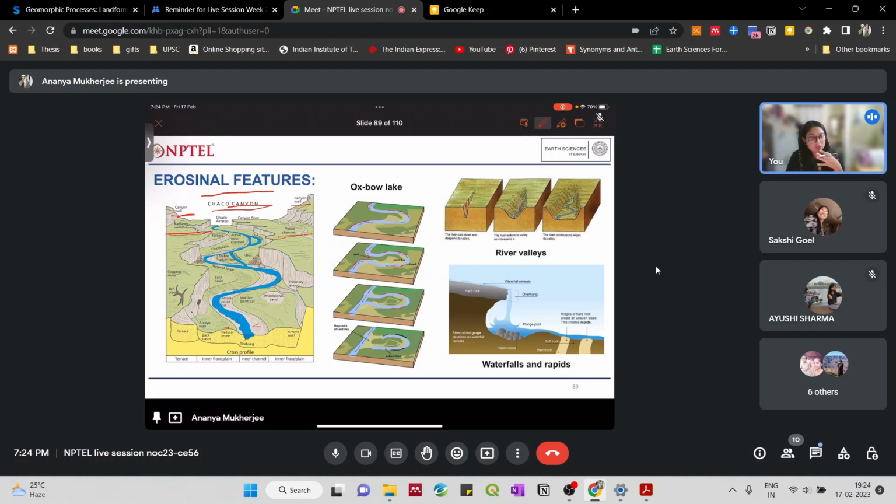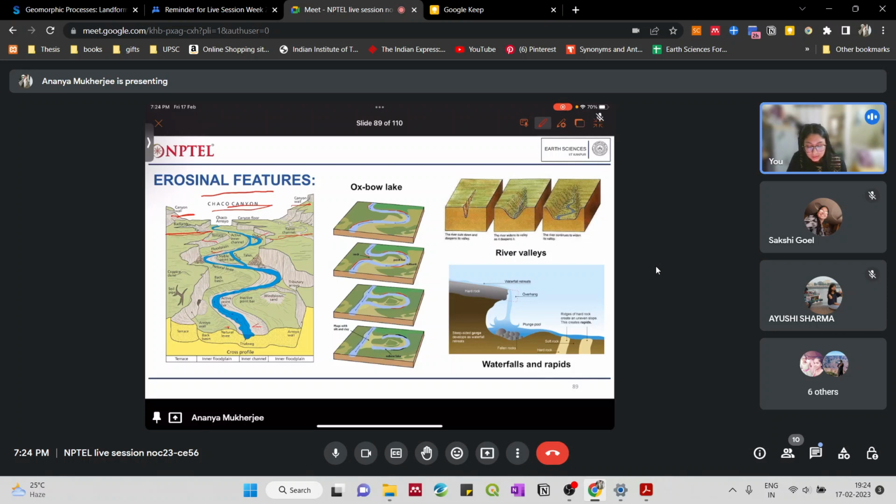Probably the elevation or the slope had not changed. Then again probably the slope changed, and the velocity also increased, or the sediment load decreased, so it eroded more than it deposited. And now you have the floodplain.